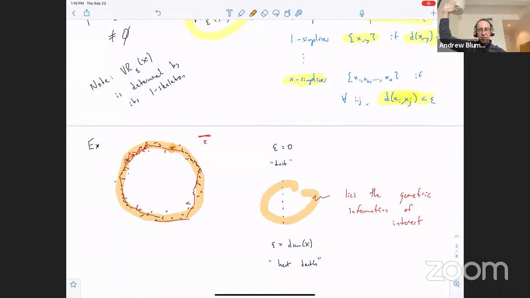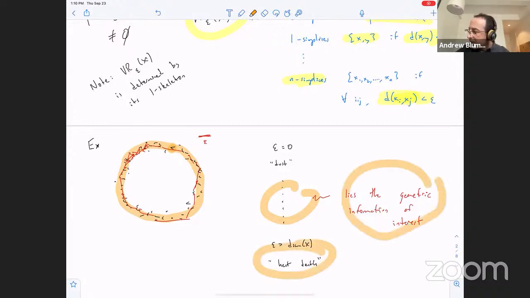If you choose epsilon to be enormous, so if epsilon is bigger than the width of the slide, then every point is connected to every other point, and moreover, every higher triangle is present. And what you have is a giant contractible object that has no non-trivial topological features again. In some sense, you fill in the disk. You connect across and you fill in the disk. And this maybe is a regime we might call heat death.